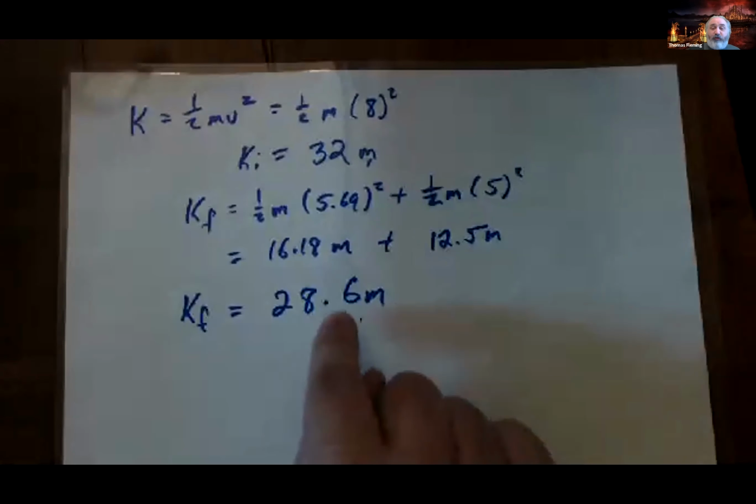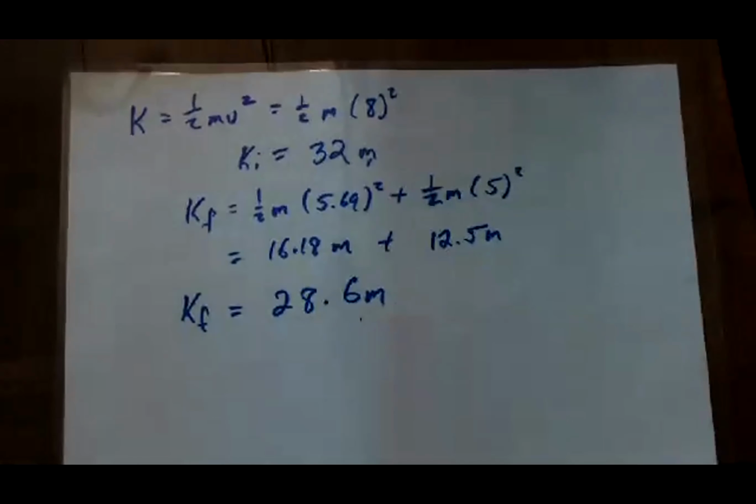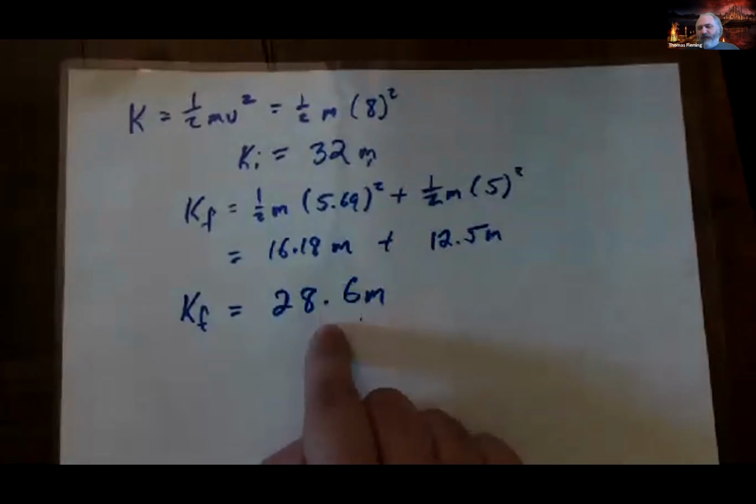Had I gotten 32m, the answer would have been elastic. And if I'd gotten something more than 32m, that's something kind of unrealistic. That's like if I hit a billiard ball and one of the balls explodes and generates internal energy that wasn't there before. So usually, if the problem is realistic, the final energy won't be bigger than the starting energy.